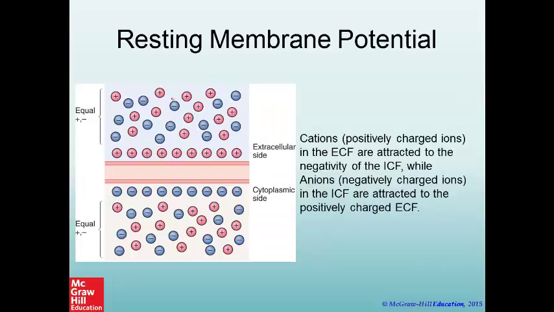Establishment of the resting membrane potential is a separation of charges. The separation of charges ends up such that there's going to be a bunch of positive charges on the outside or extracellular side of the membrane, and they're attracted to the negative internal environment of the cell, the ICF.